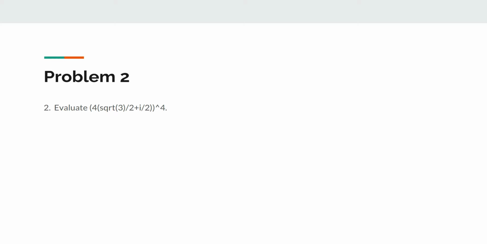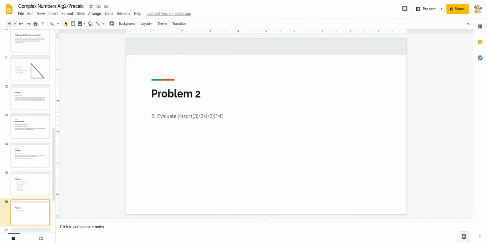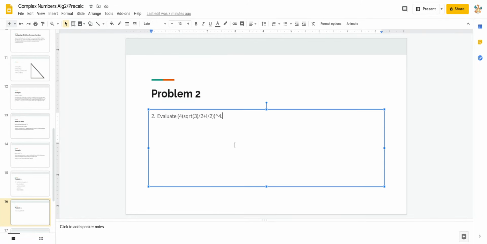Okay, let's begin. So again, many of you guys probably got this answer as well. So we can express this as r cis theta. In this case, r cis theta times 4, and then that whole thing to the power 4.